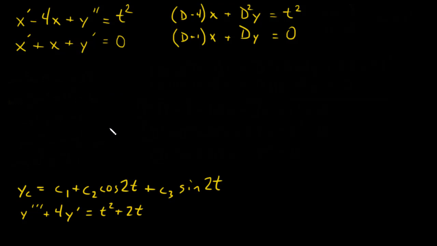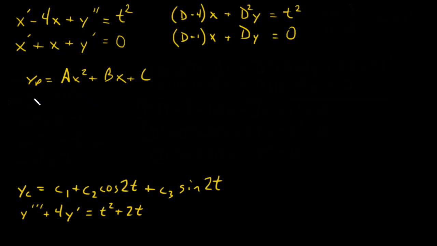Okay. So what do I want to make my guess? Well, just looking at it, we might say, well, I can just go to t squared and I'd be good. But I've got a y triple prime here. If I just do my guess as y sub p equals ax squared plus bx plus c, what's going to happen?